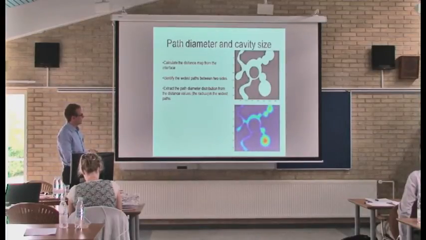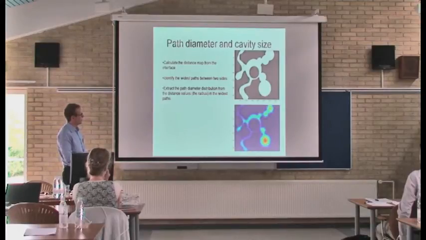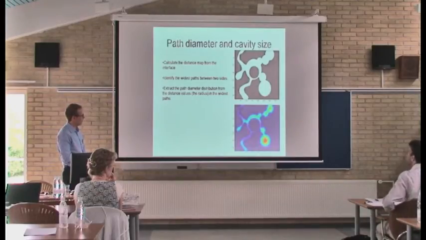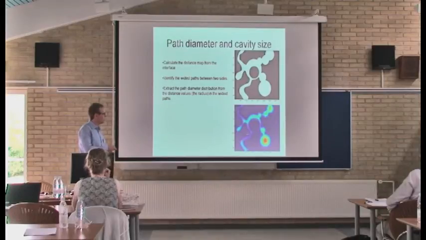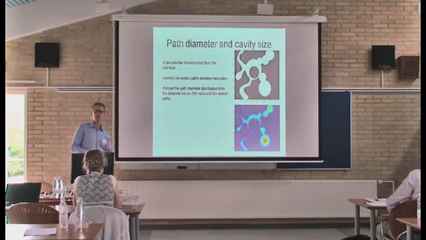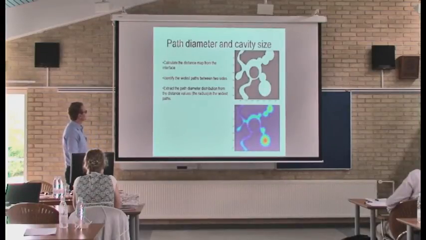If we then locate the centroid path through the structure from one side to the other side, we can then sample the radius of our local structure along this path. If we extract all these values, it actually gives us a distribution of the diameter in the structure.